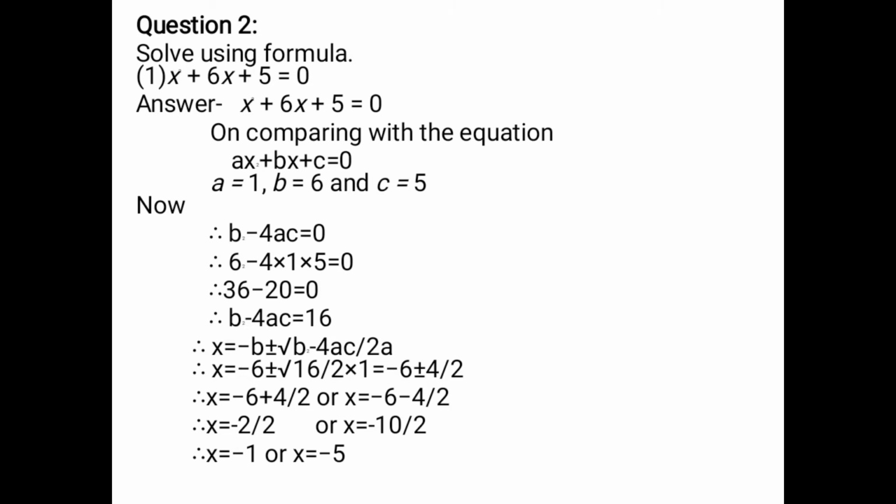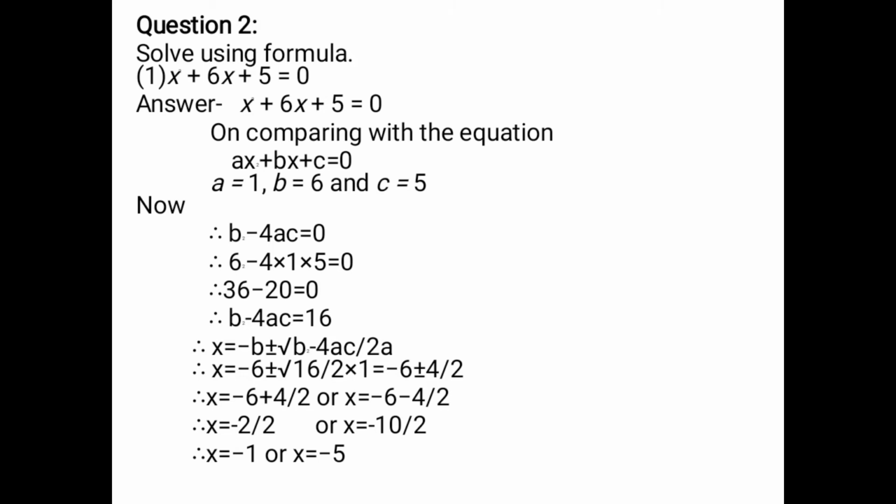Then write down the formula. Therefore x is equal to minus b plus or minus under root b square minus 4ac divided by twice a. Substituting the values, x is equal to minus 6 plus or minus under root 16 divided by 2 into 1.